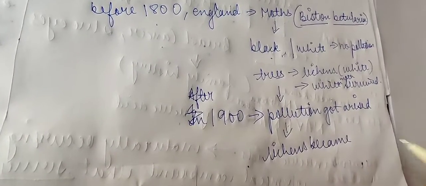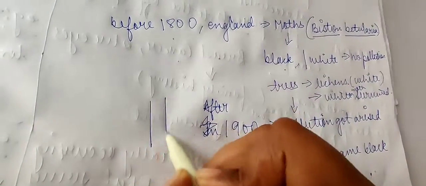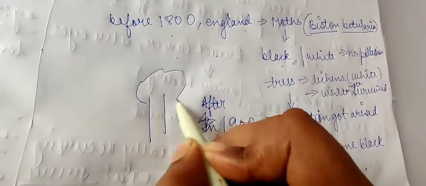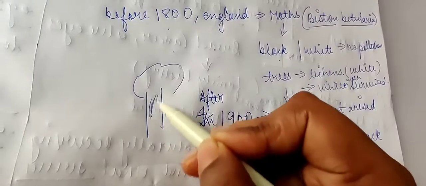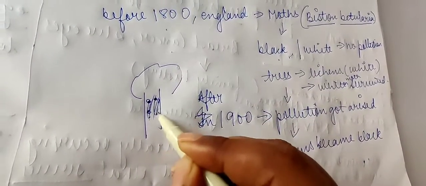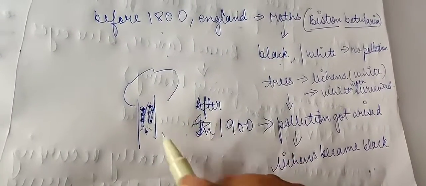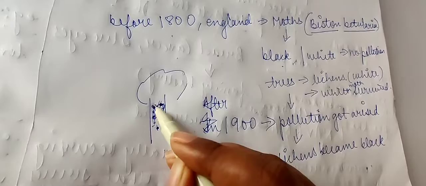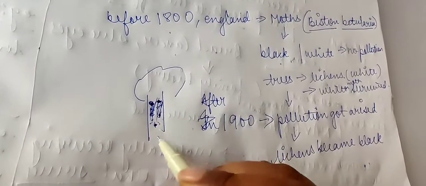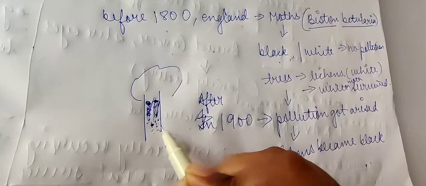On this tree, the lichens are present, and the white moths were there and the black moths were also there. The white ones were now visible and the black ones survived, though there were very few black ones, 2, 3 or 4, 5.